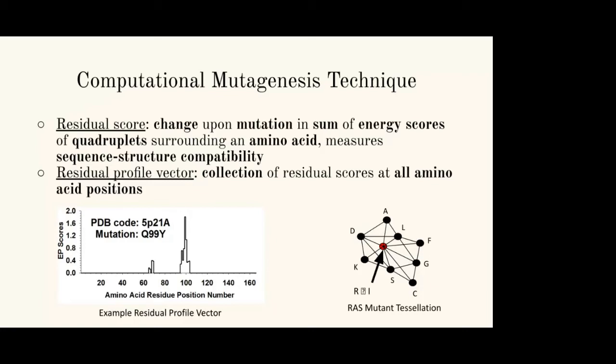In total, for the RAS protein structure, by the way, there's 166 amino acids. So the residual profile vector was a 166D vector, meaning it was 166 dimensional, and it contained information about every single amino acid.